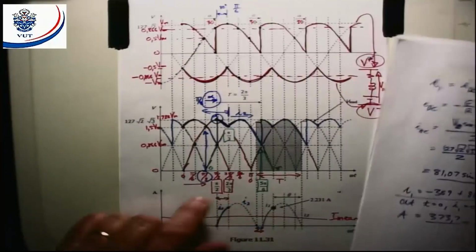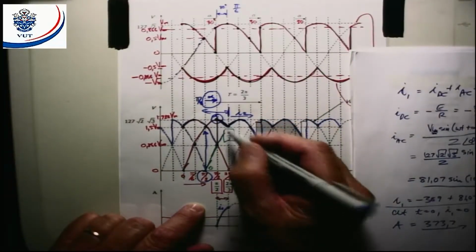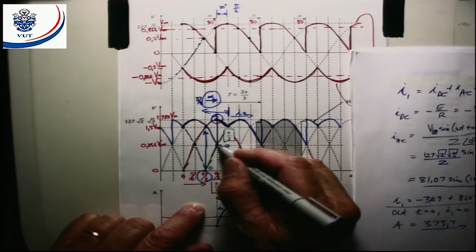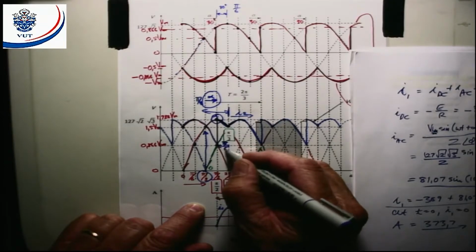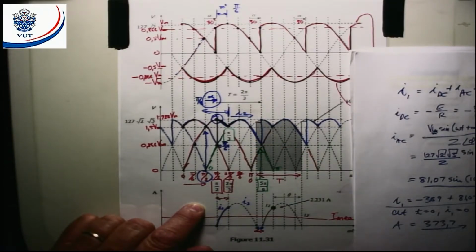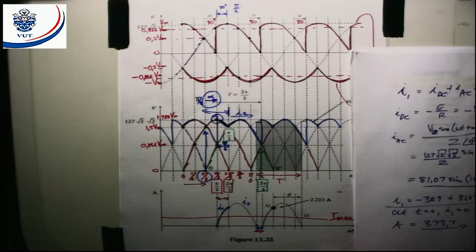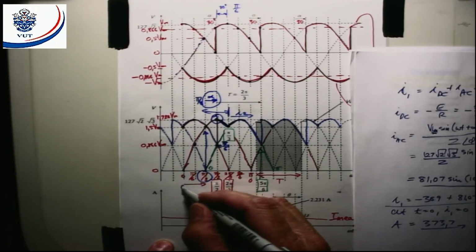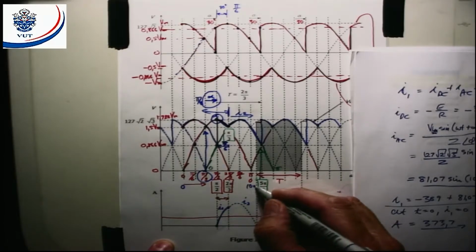The next cycle is going to start pi over 6 later. What is that in time? There is 0, there is 10 milliseconds.